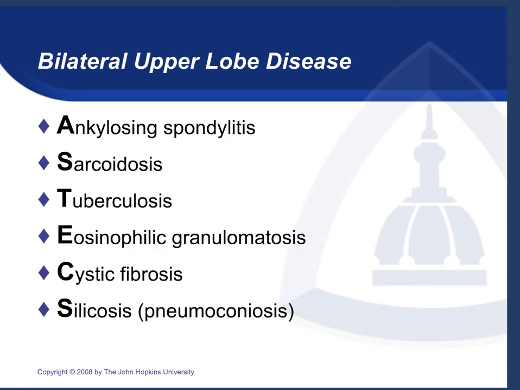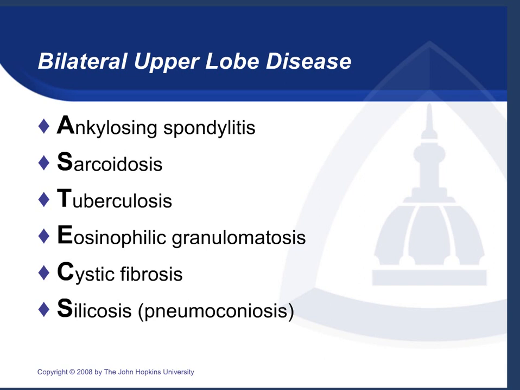So what we have here is a simple list of interstitial processes which involve both lungs and only the upper lobes. Okay? And the mnemonic here is Aztecs. Okay, spelled wrong, but Aztecs. Ankylosing spondylitis. Okay, that usually is when it affects the lungs, will be bilateral.